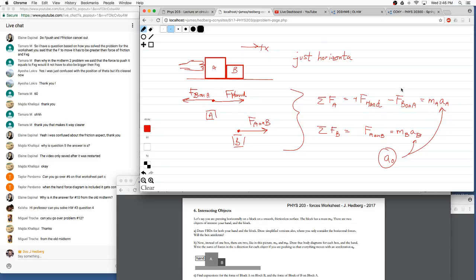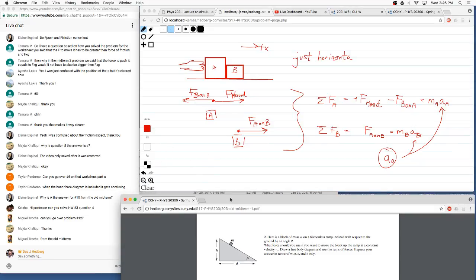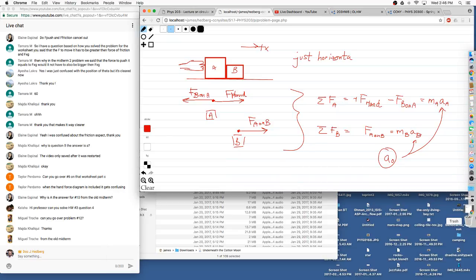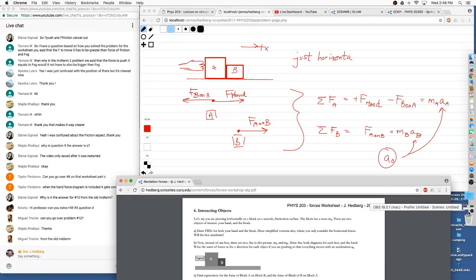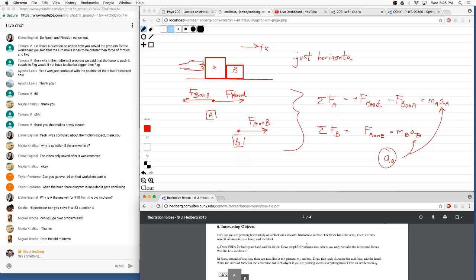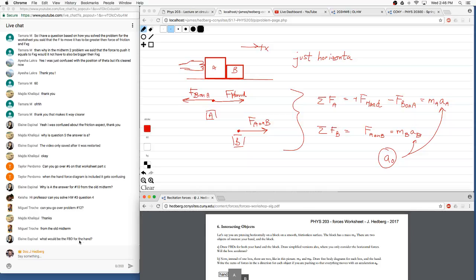Okay, are there any other issues with those interacting objects? Otherwise, I'll go on to what would be the FBD for the hand.